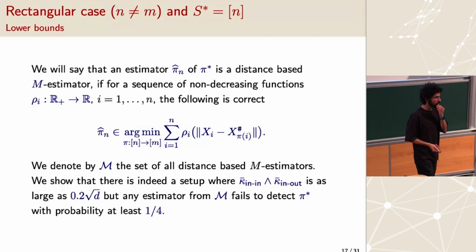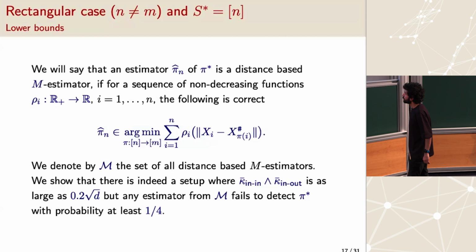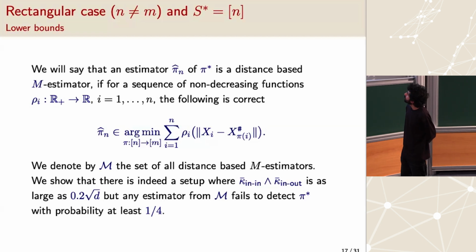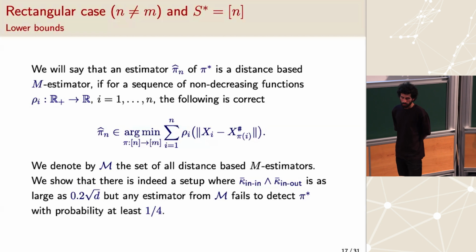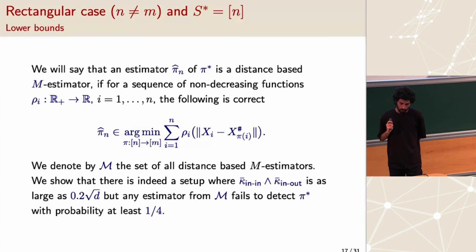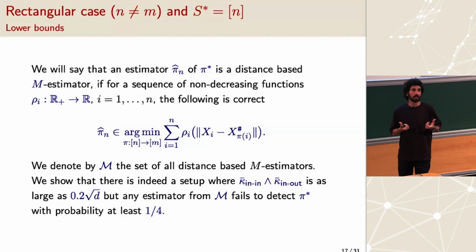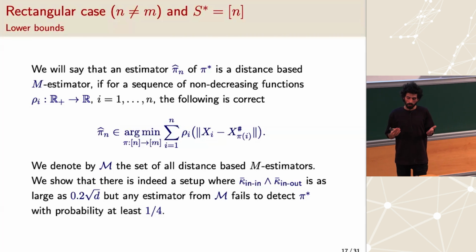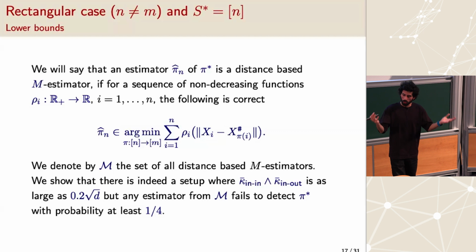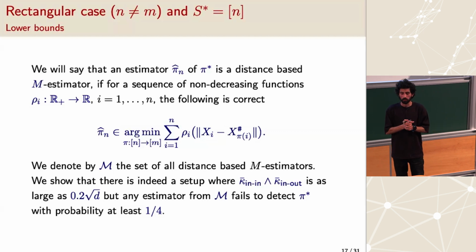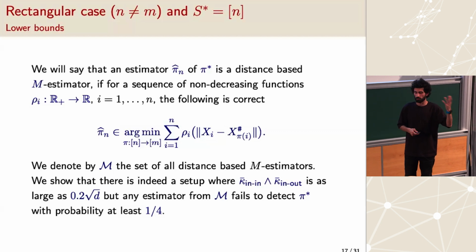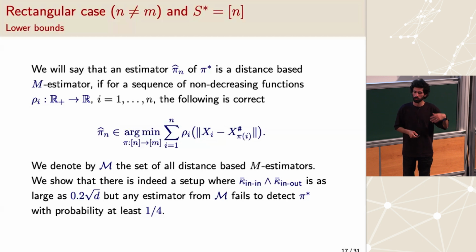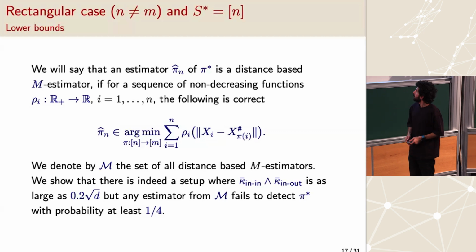we show that if we take into account all distance-based M estimators, namely in the definition we take the distance between xi and x pi i, and we put any function rho i that is non-decreasing, and we take into account all possible estimators that can be obtained using this procedure of putting whatever rho comes to mind, like Huber, or anything that might sound robust or makes sense to use.